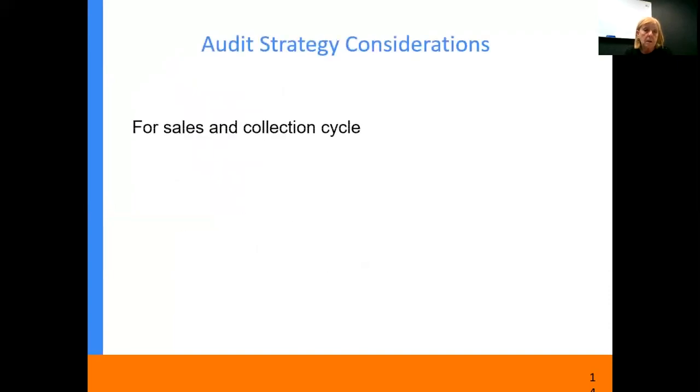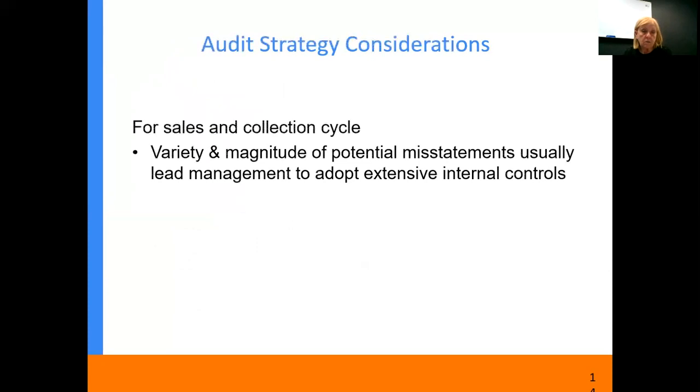Now, the audit strategy considerations for the sales and collection cycle. Generally, we have extensive internal controls in relation to the sales and collection cycle because we've got a variety of things that can go wrong, and it's often the easiest area for people to make mistakes or deliberately misappropriate.